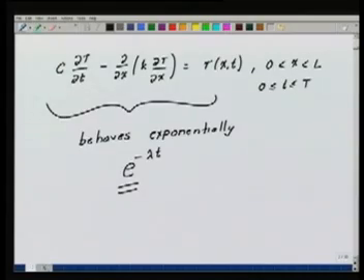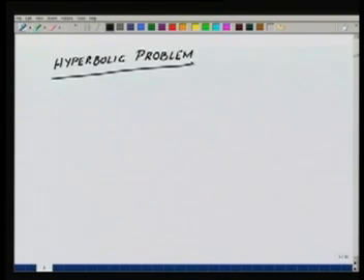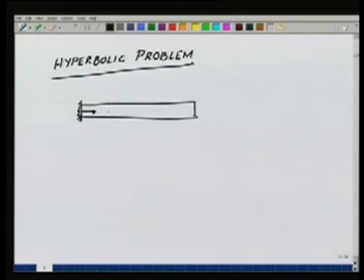Another type of differential equation that we come across very often is the hyperbolic problem. An example of a hyperbolic problem, we have been doing this for a long time now, is a bar subjected to axial forces F, which can now change with time, and an end force P, which can change with time.